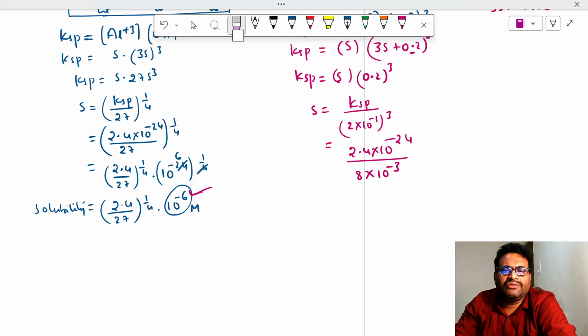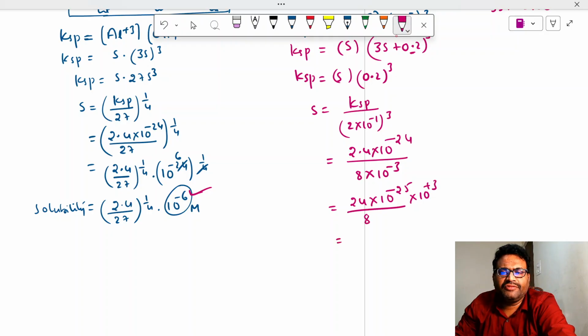So I can write this as 24 into 10 power minus 25 into 10 power plus 3 by 8. 24 by 8 is 3, so 3 into 10 power minus 22 molar. That is the solubility.